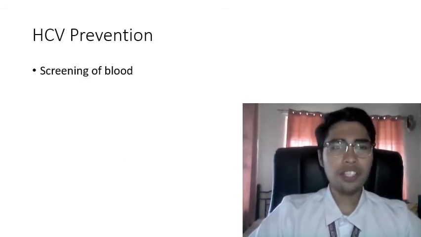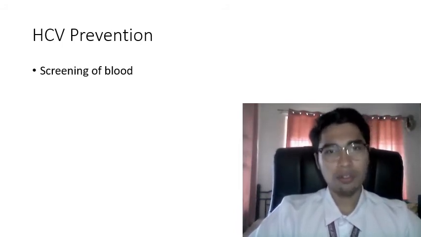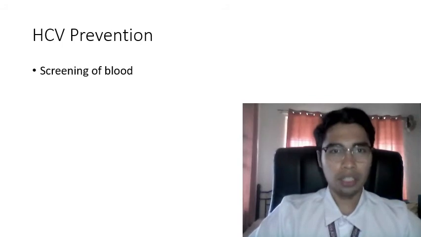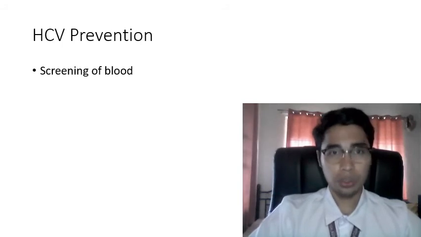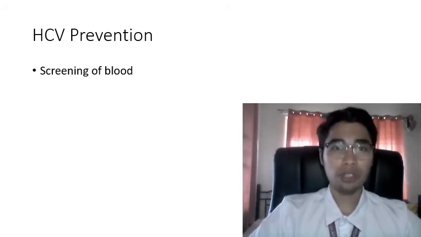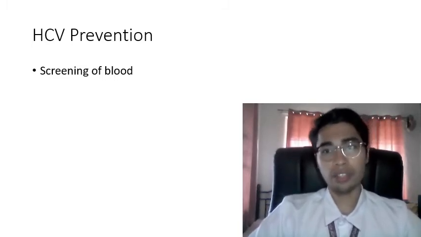Prevention is screening of blood, especially from donors, because screening has given evidence that it can reduce the incidence of hepatitis associated with blood transfusion. Public health programs are also helping to reduce the number of cases associated with shared needles in illicit drug use.